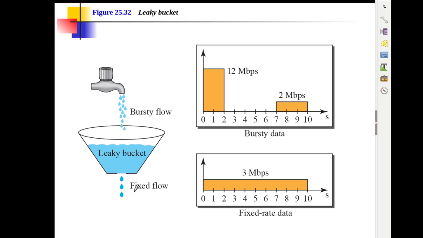The water leaks from the bucket at a constant rate, as long as there is water in the bucket. So the rate at which the water leaks does not depend on the rate at which the water comes in the bucket, right?